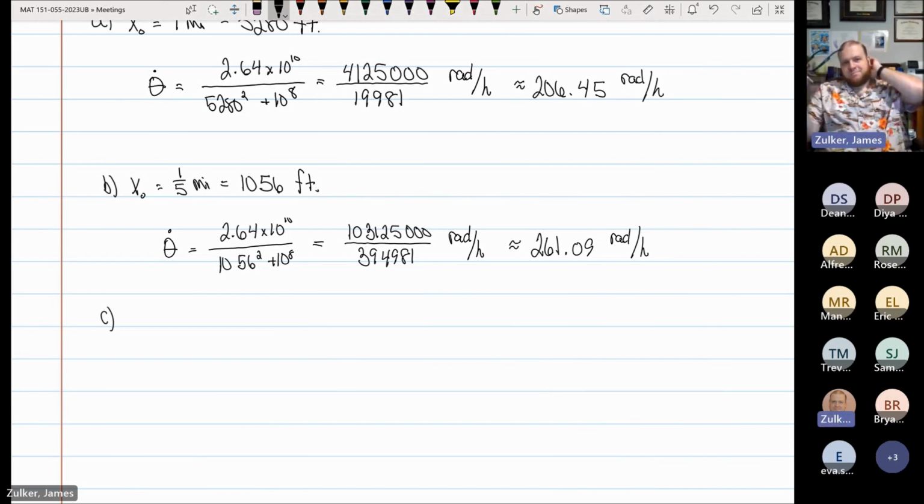And finally, we wanted it when it was directly overhead. Well, that would make our distance, x naught, 0 feet, right? 0 miles. Oh, this one's easy then.